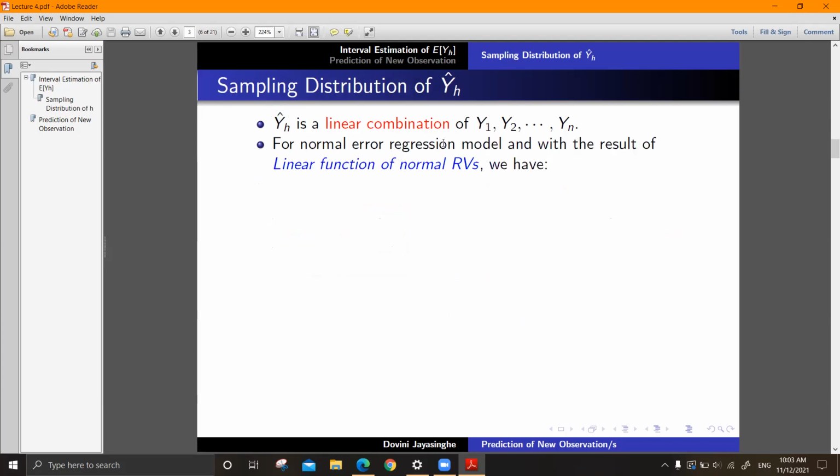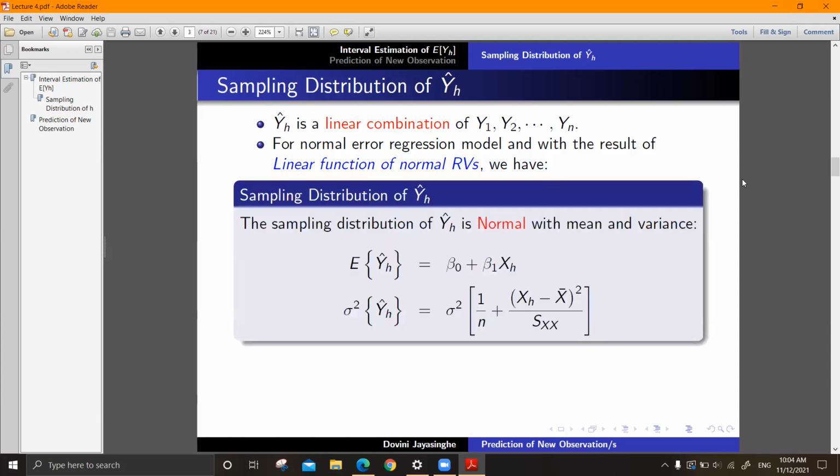For normal error regression model, which we discussed in the previous lecture, and with the result of linear function of normal random variables, we have this sampling distribution. So this is a random variable, this has some distribution, right?